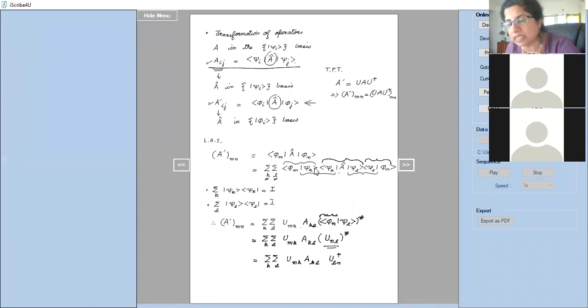If you take the transpose conjugate of U, and take the lnth element, it is going to be nothing but this one here. So now, if I want to write it fully, I can write it as U A U dagger, the mnth element. Okay, so hence proved.